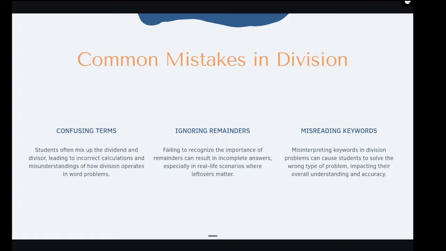Failing to recognize the importance of remainders can result in incomplete answers, especially in real-life scenarios where leftovers matter. Misreading keywords. Misinterpreting keywords in division problems can cause students to solve the wrong type of problem, impacting their overall understanding and accuracy.